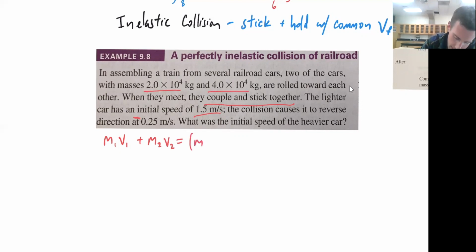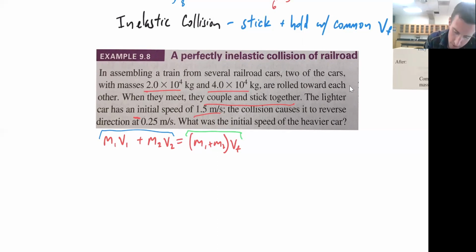So I'm going to call that mass 1 plus mass 2 times their final velocity, okay? Because they share the final velocity and now they share the masses. So I have a conservation of momentum, and this first side over here is all initial. The second side over here is all final. So now I think I can plug in and solve.